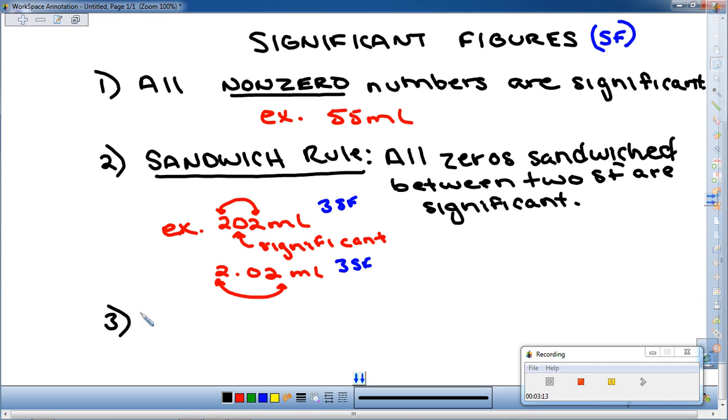The last rule is called the trailing zero rule. This basically says, in a decimal, the last zero, the farthest right trailing zero in a number is significant. So, trailing zero rule.